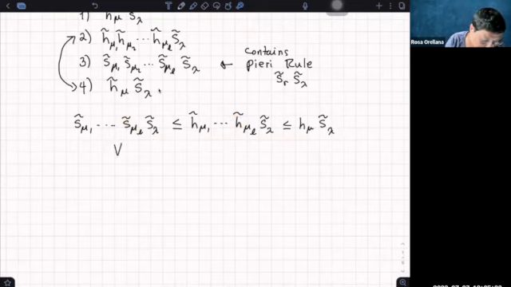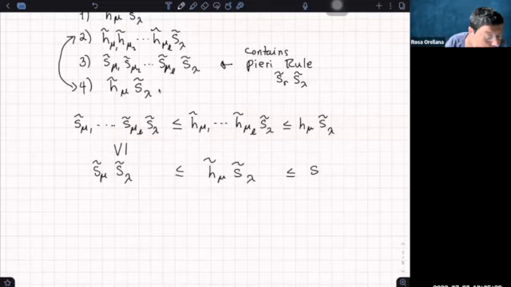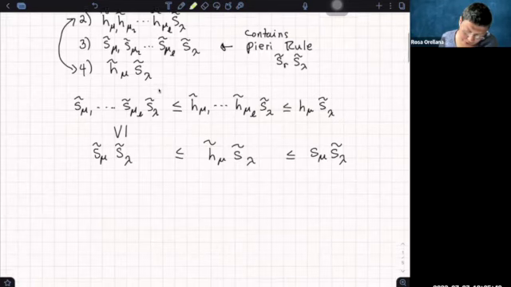And then he also said that we have the following comparisons: S tilde mu, S tilde lambda, H tilde mu, S tilde lambda, and this is smaller than S mu S lambda, where this is the Schur function.